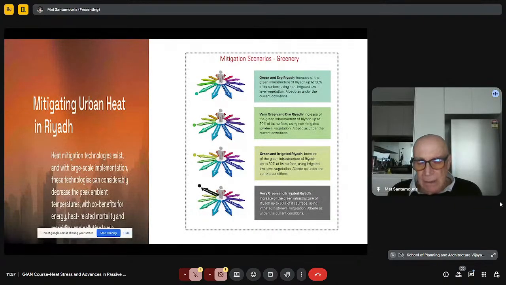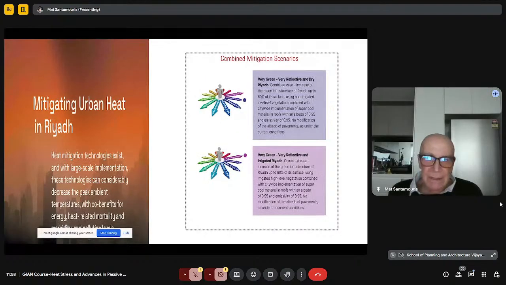Water in these areas is scarce, but in reality, the greenery may not operate properly enough for evapotranspiration and to increase latent heat. So we consider the use of supercool materials together with greenery.